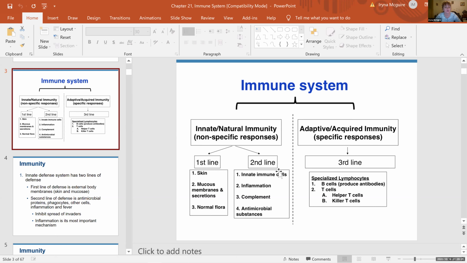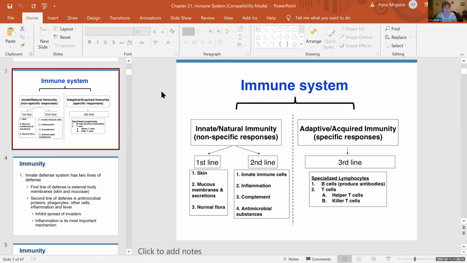So all other immune cells, well, they do play a role in adaptive immunity, but they're not considered to be cells of the specific response. Lymphocytes are the cells for adaptive immunity.